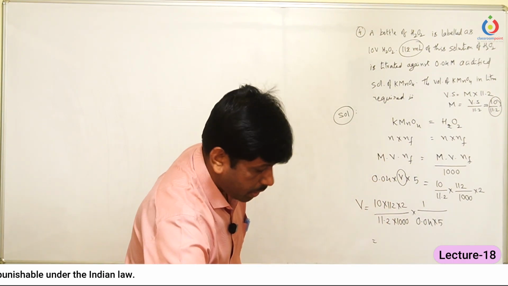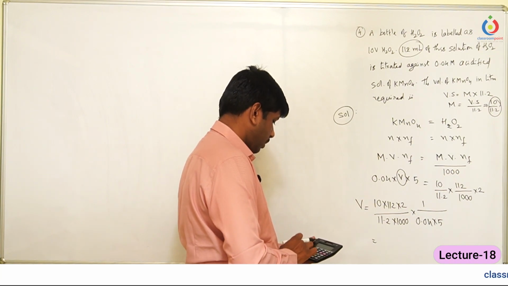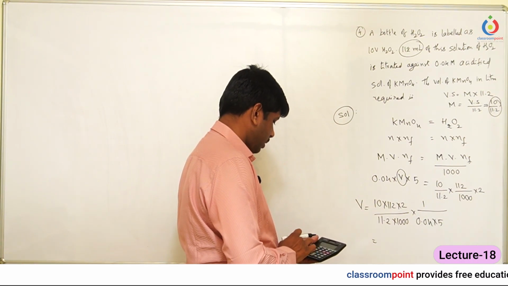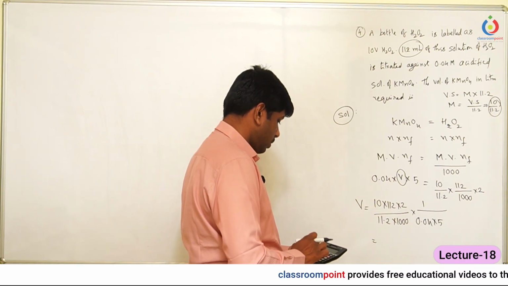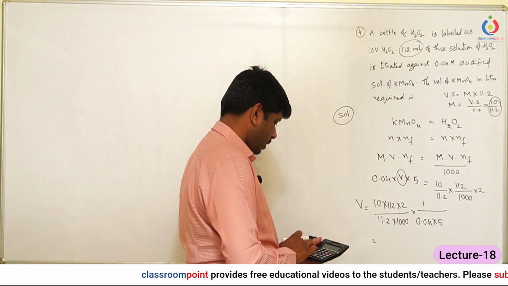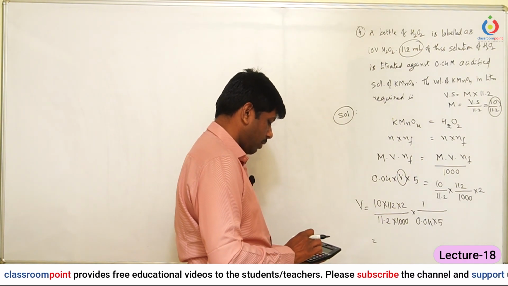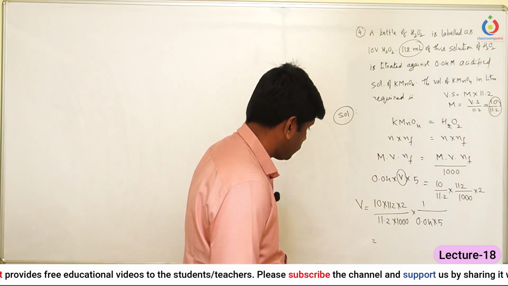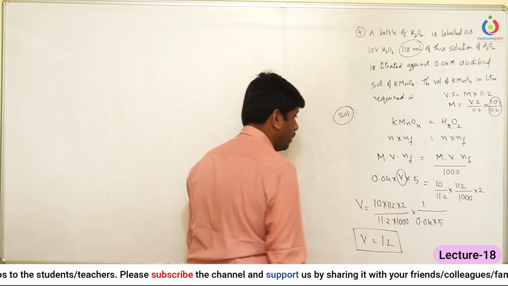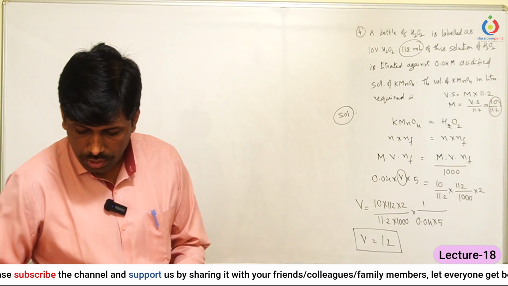So let me make the solution here: 10 into 112 into 2, divided by 11.2, divided by 1000, divided by 0.04, divided by 5, that equals 1 liter. The answer is 1 liter of KMnO4 is required. So let's take another question.